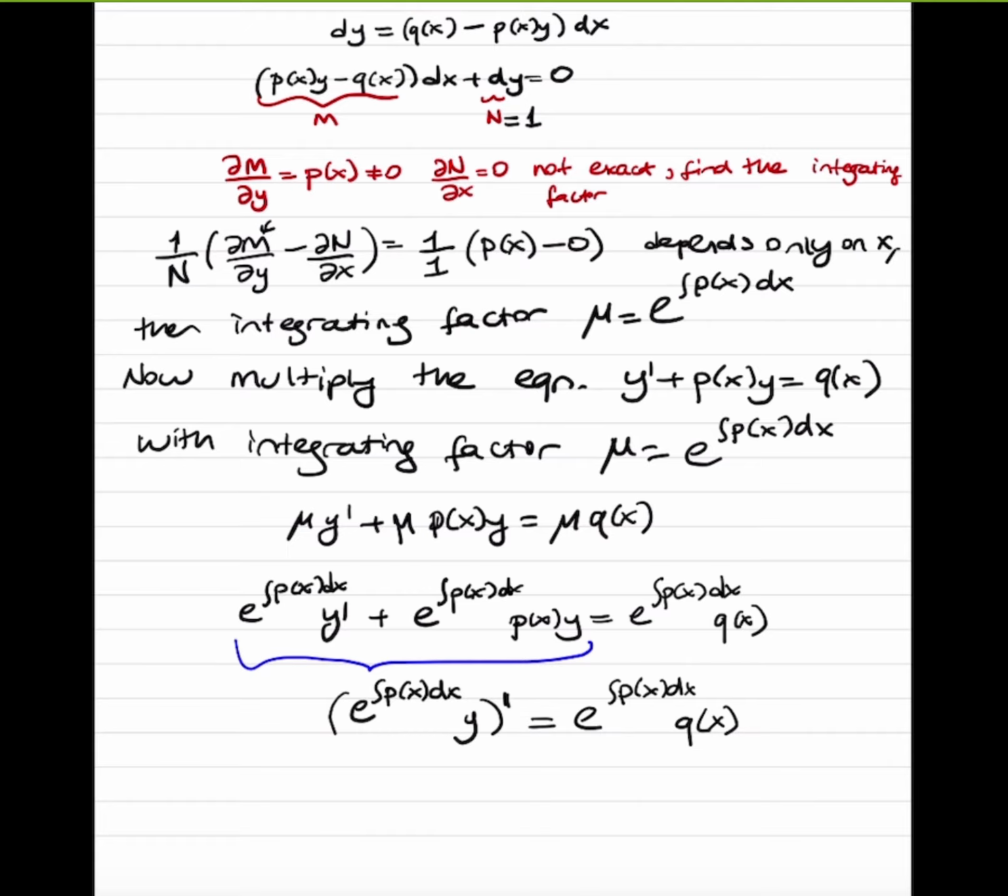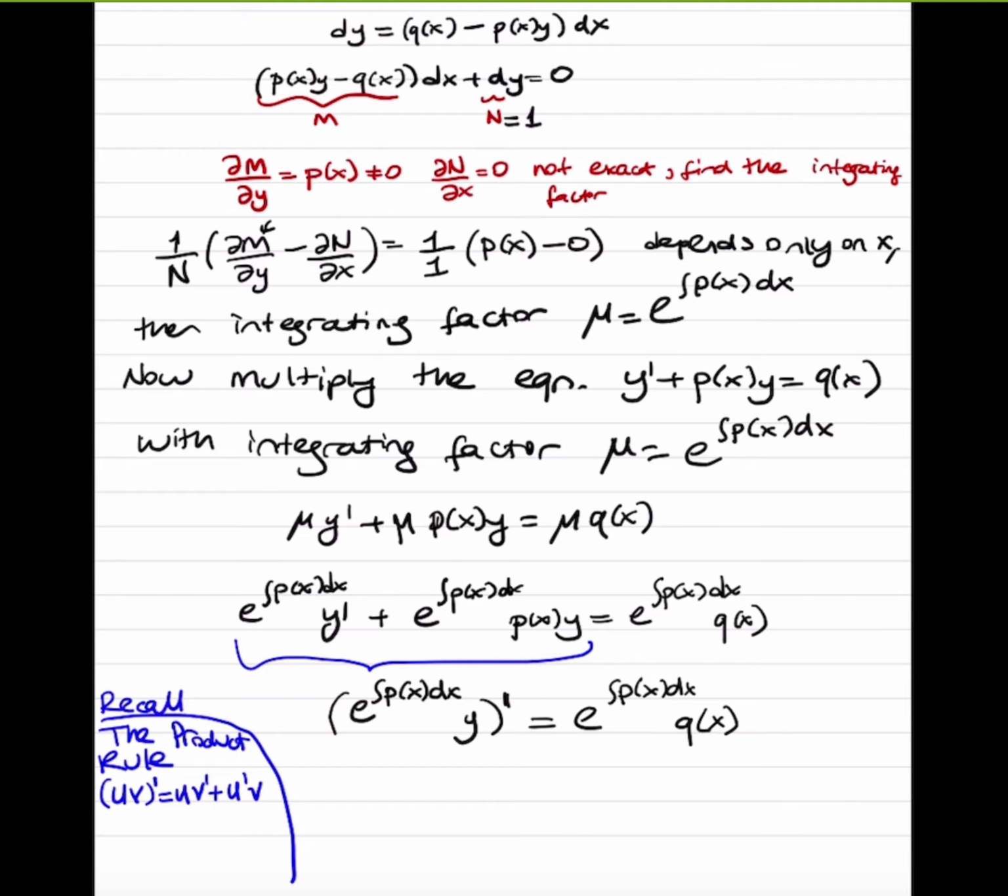So recall the product rule. When you want to take the derivative of a product, it is u v prime plus u prime v. We have exactly the same thing here.